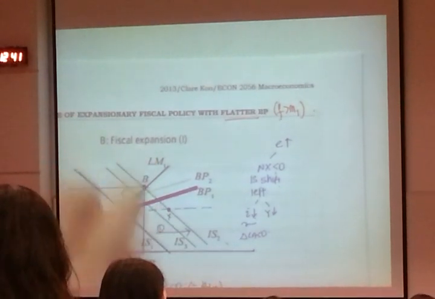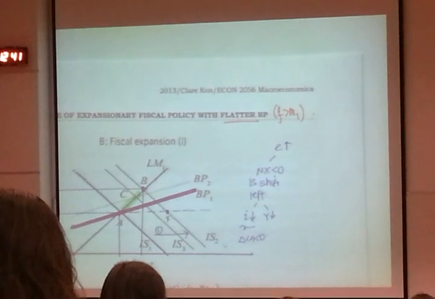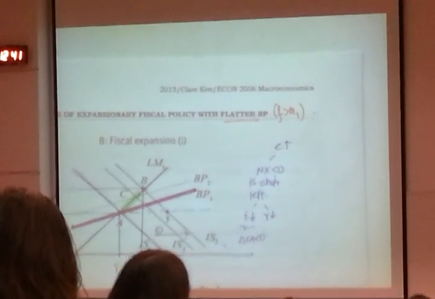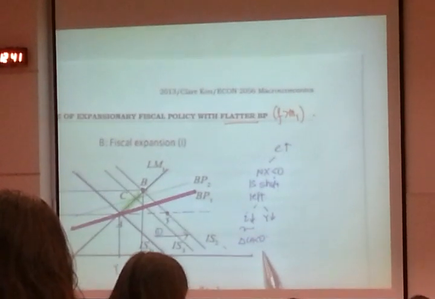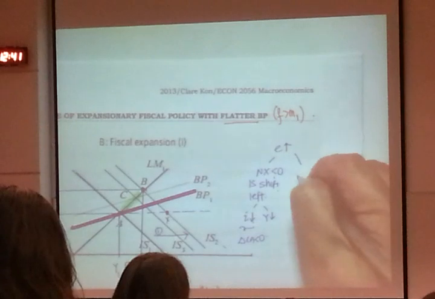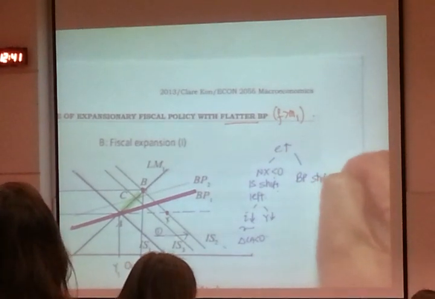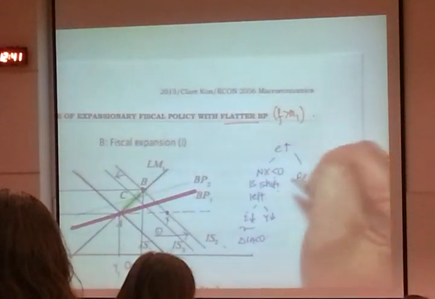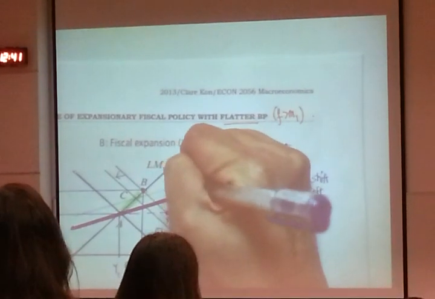So I mark up this zone, right? Okay, to highlight, this is where I will fall. And I double check. I can correct it. Okay, then as I shift IS left, my BP must also shift left. So I put an arrow for my IS, I put an arrow for my BP.